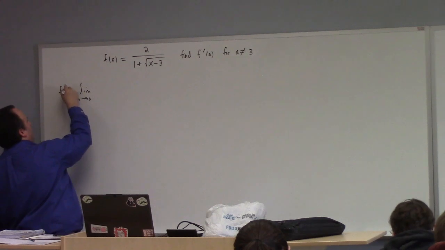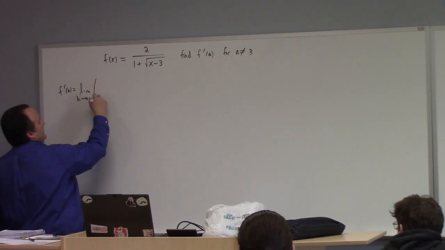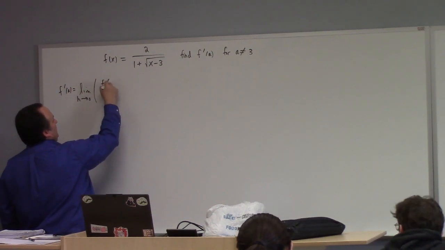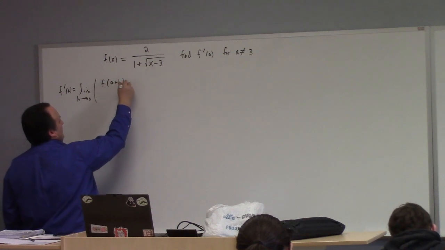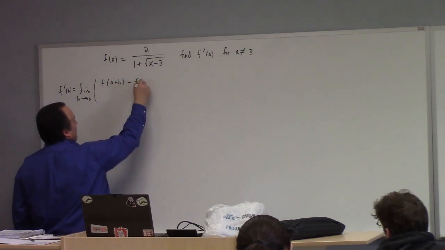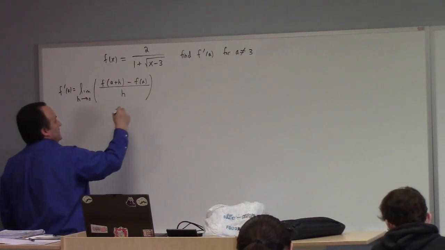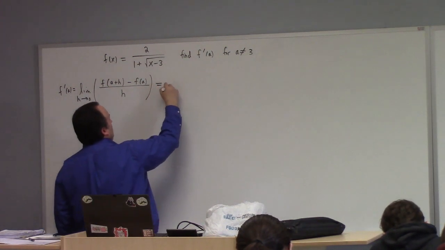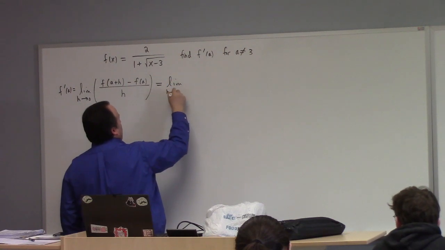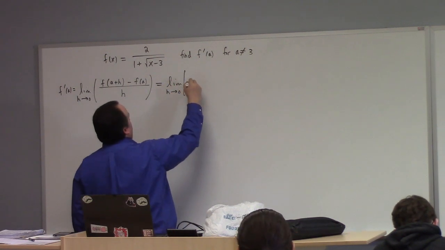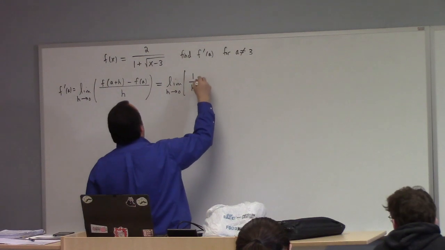So f prime of a will be equal to the limit as h goes to 0 of, and I'm just going to write it out symbolically for a second here just to get us started. f of a plus h minus f of a divided by h, right? That's the deal. And so here, for this example, that's the limit as h goes to 0. I'll keep that 1 over h out front, and then I'm going to have what?